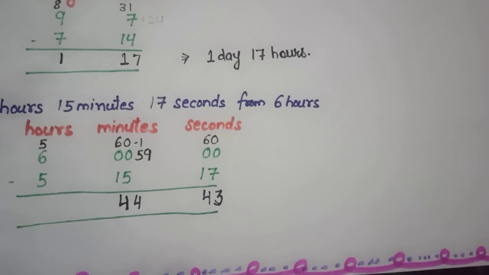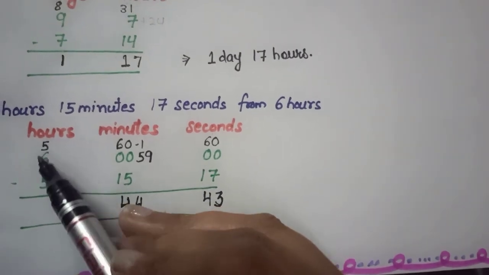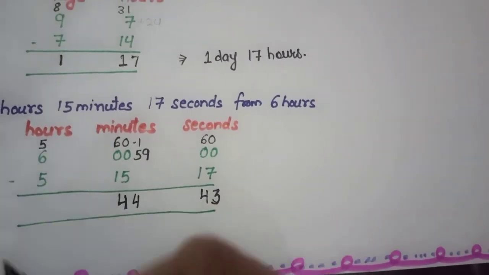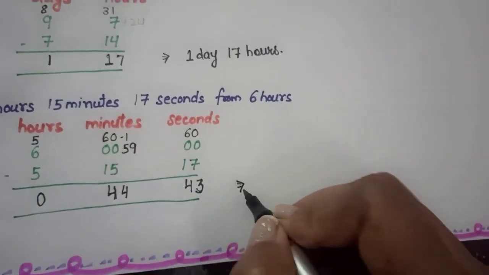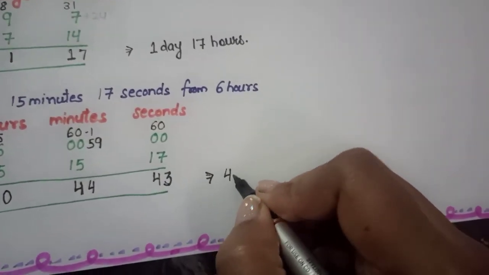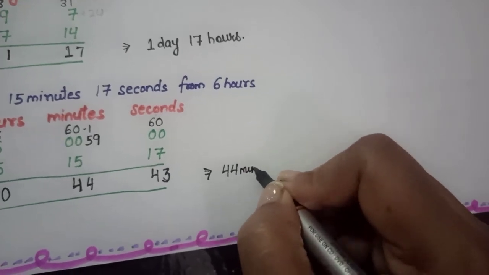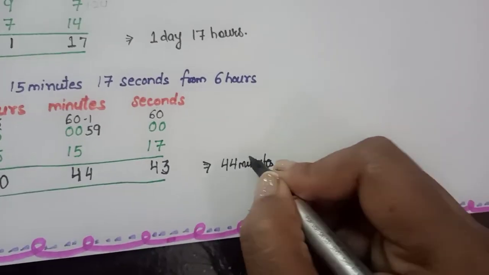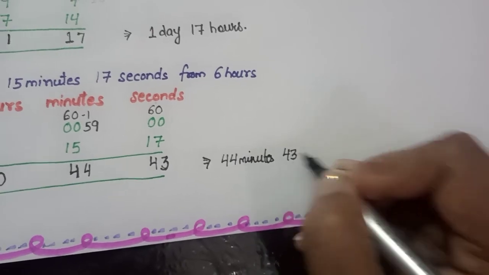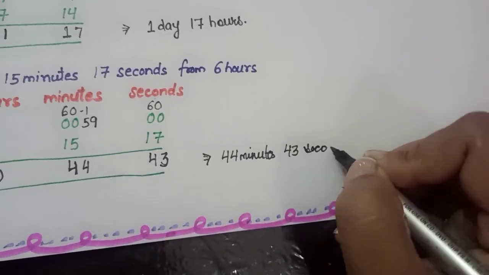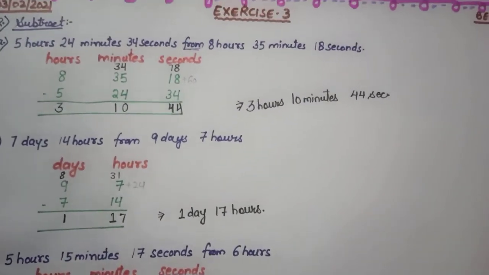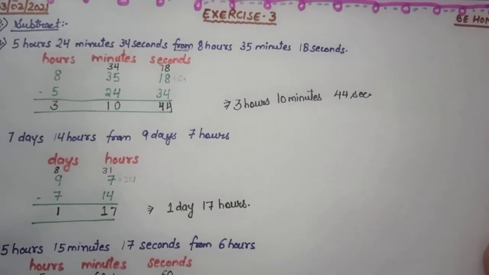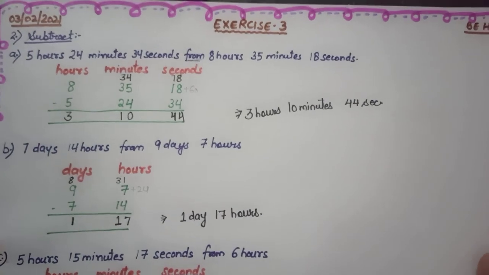And as you can see, 5 subtracted from 5 will give us 0. So our final answer will be 44 minutes and 43 seconds.